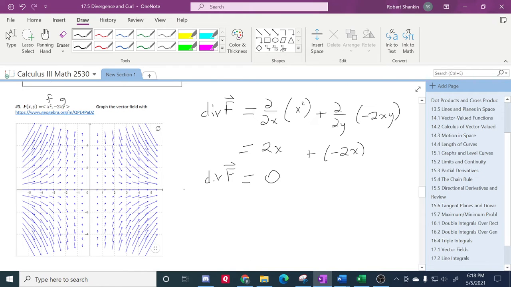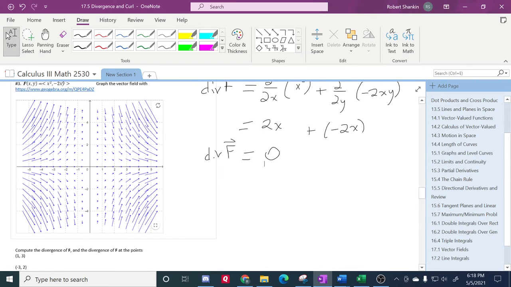Now, we'll get a little insight into why the divergence of this is 0. It seems like, wow, if you are a gas in here, you're going to be moving along here, and if I was a gas here, look at, I'm going to get longer and longer vectors. Wouldn't I be moving further and further apart? Well, let's look.